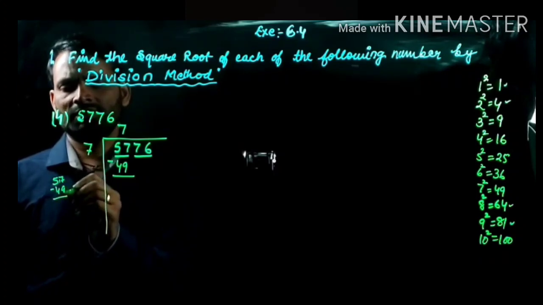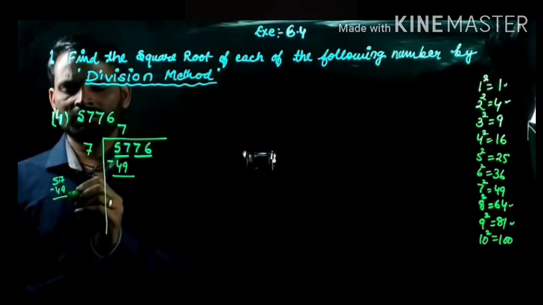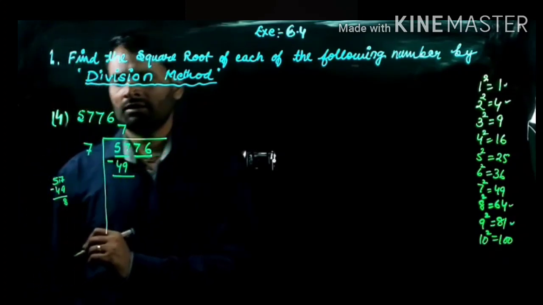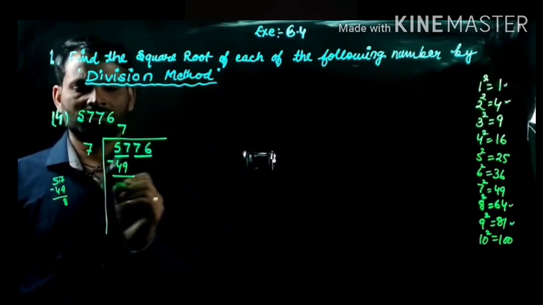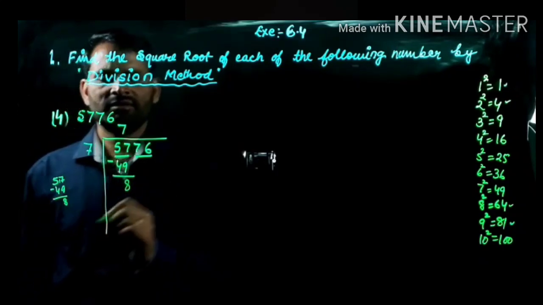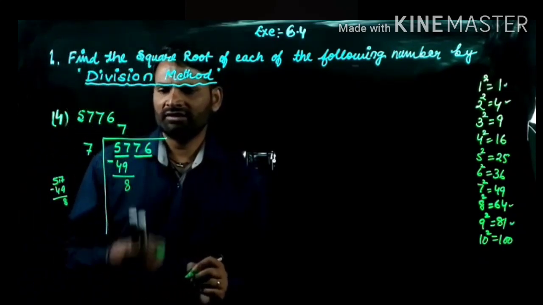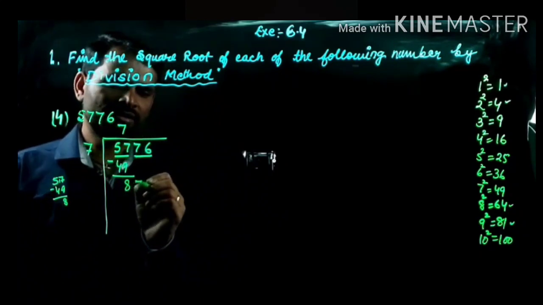This number is 57, subtract 49 is 8, and 76.